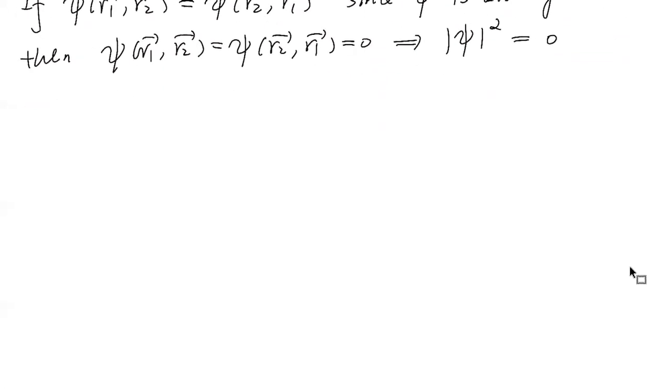So we say, yes, for the fermions, for the electrons, the wave function should be antisymmetric. Now, how to incorporate this antisymmetry into the Hartree product?